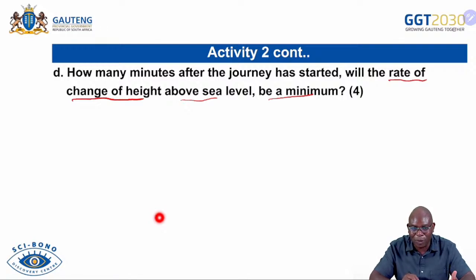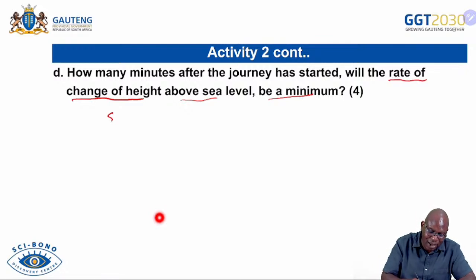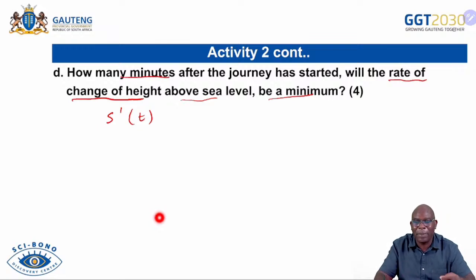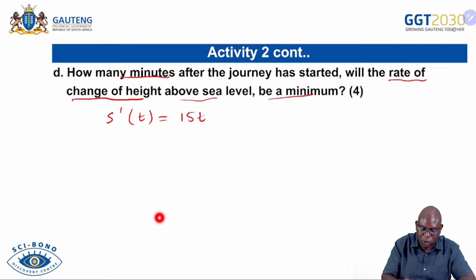We are only going to derive, and then we find time because we're talking about how many minutes. The derivative that we got was 15t squared minus 130t plus 200, and then we're going to equate it to 0.